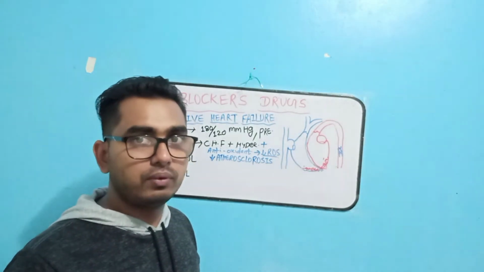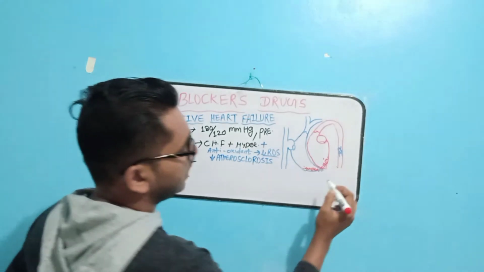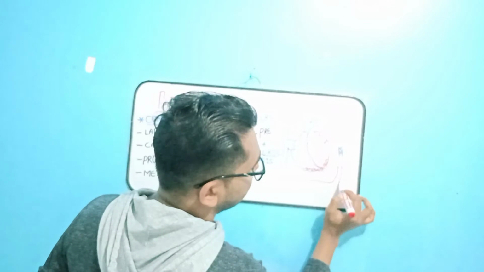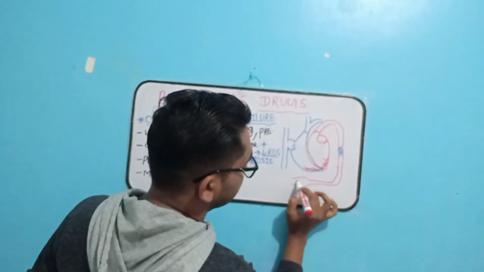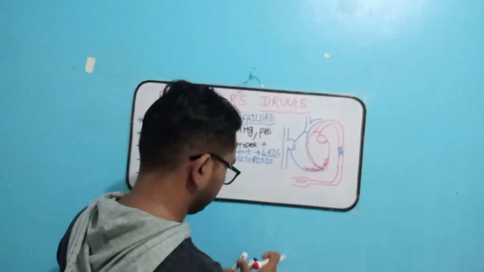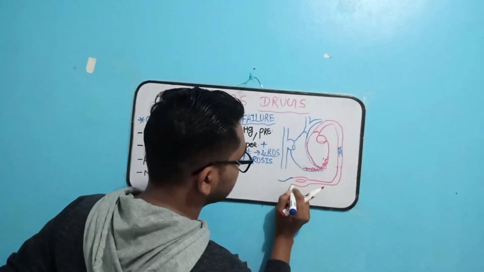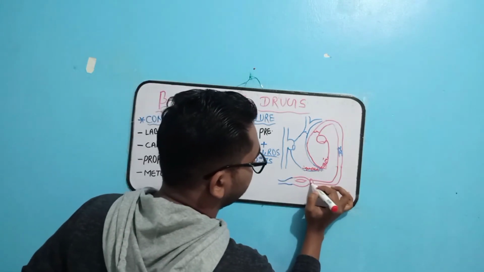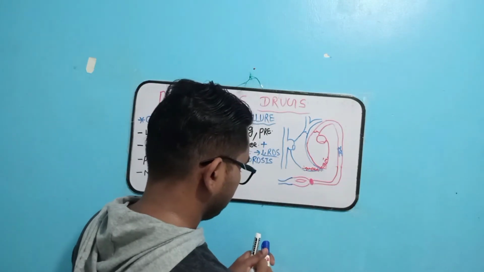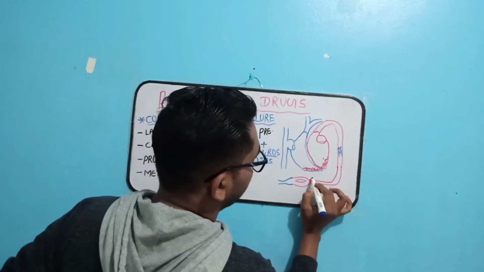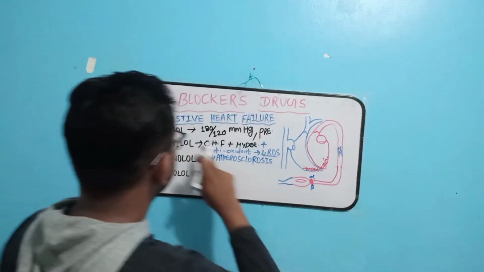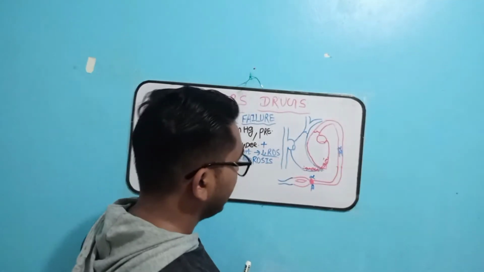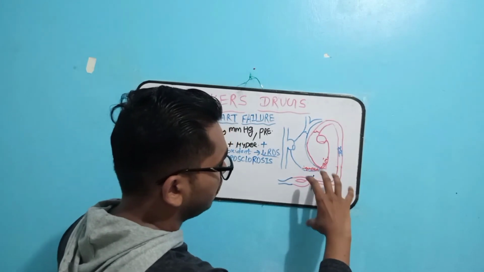And we know that labetalol and carvedilol are non-specific drugs. They can work on both alpha and beta receptors. When labetalol and carvedilol work on the precapillary sphincter, there are both alpha and beta receptors. When they work on the alpha receptor, that leads to dilation of the blood vessel.